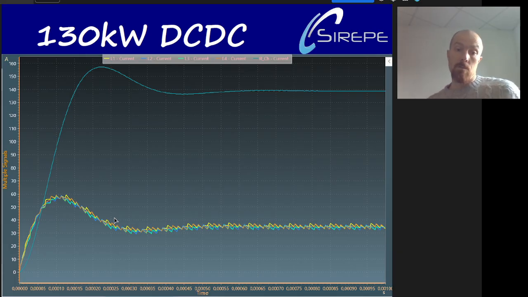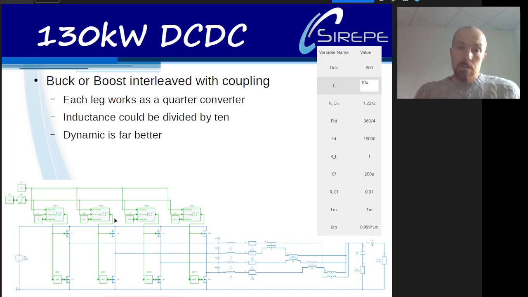We can see the current waveform, and the high frequency ripple in each leg current is divided by 16, because the apparent frequency imposed on the inductor is n times the apparent frequency. Thus, each leg works as a quarter converter.